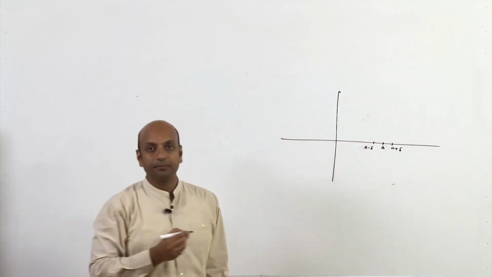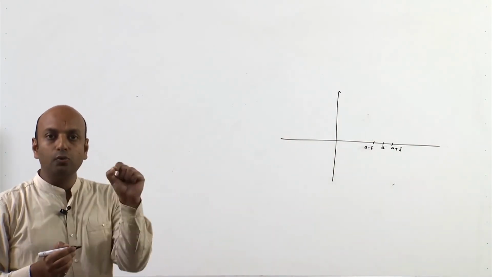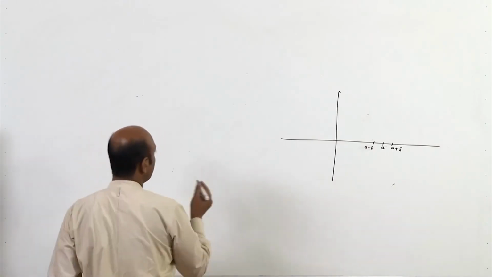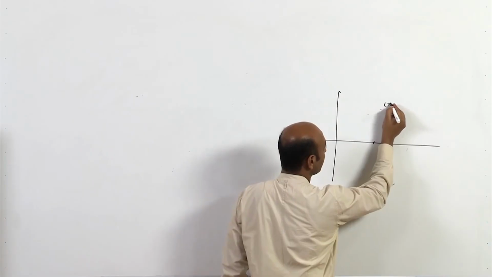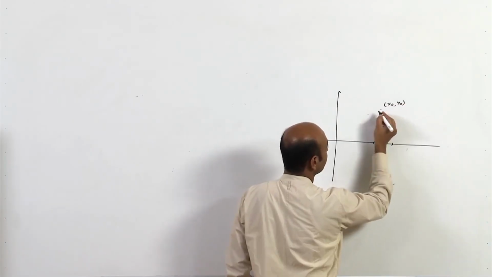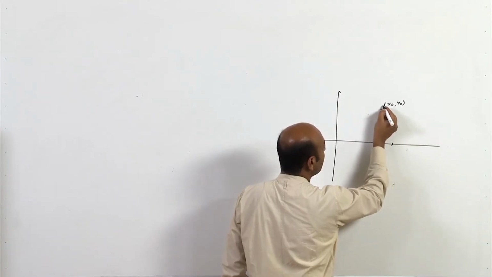Now, when we take a point in a function of 2 variables, say here (x naught, y naught), instead of an interval, it will be a disk centered at this point.